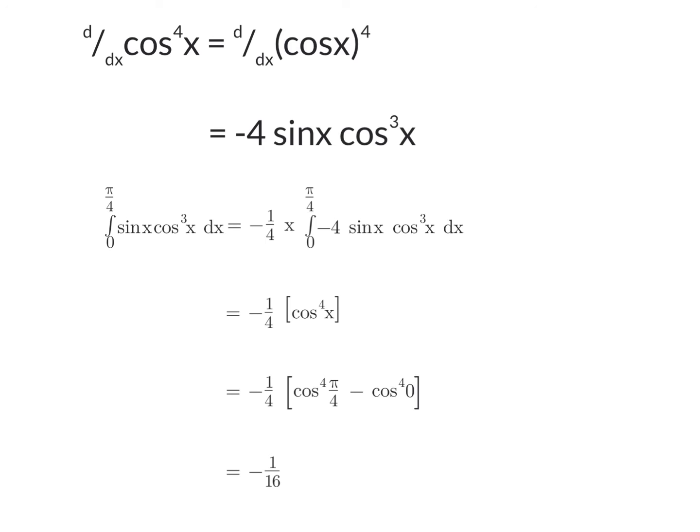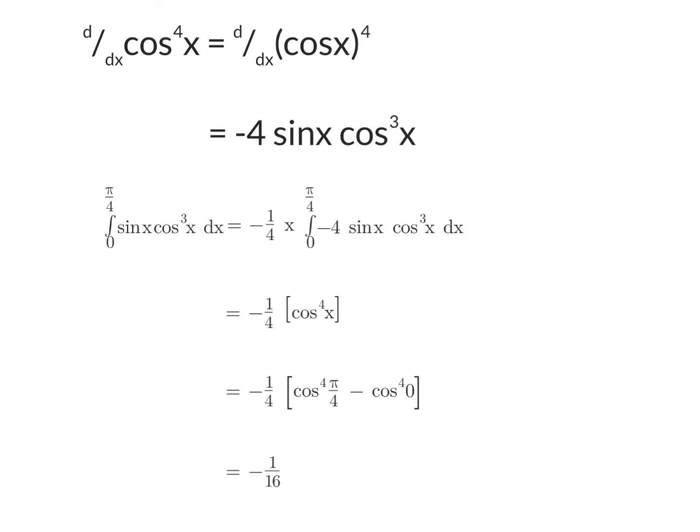To put the minus 4 in front, I need to times by minus a quarter out the front. And so the integral from 0 to pi on 4 of minus 4 sine x cos cubed x is the opposite, or anti-differentiation, of what we differentiated. So we get back to cos to the power of 4 of x.